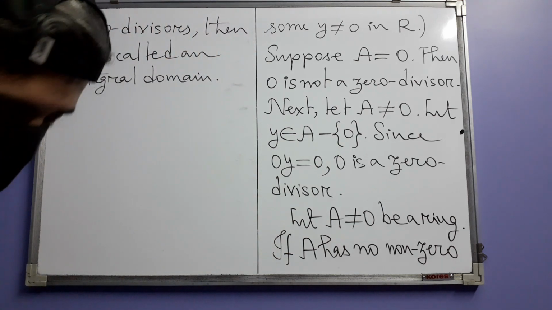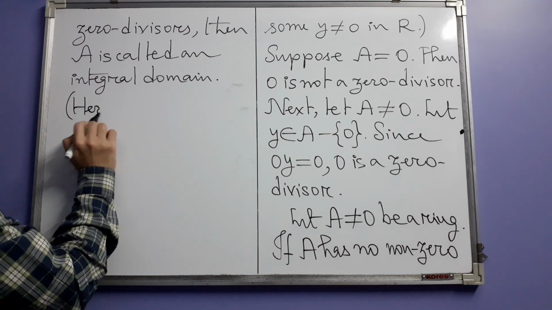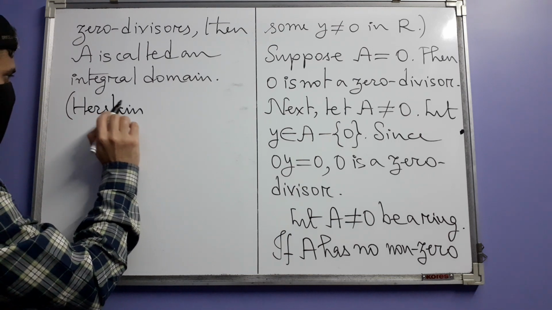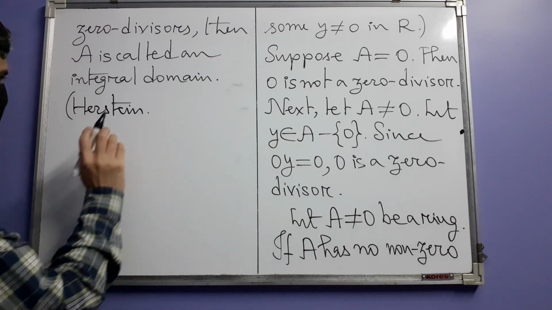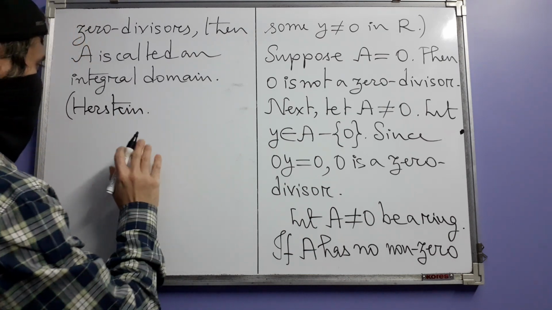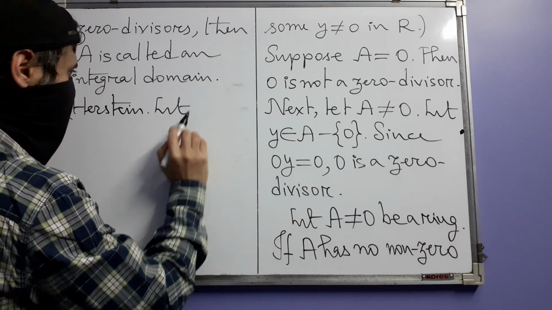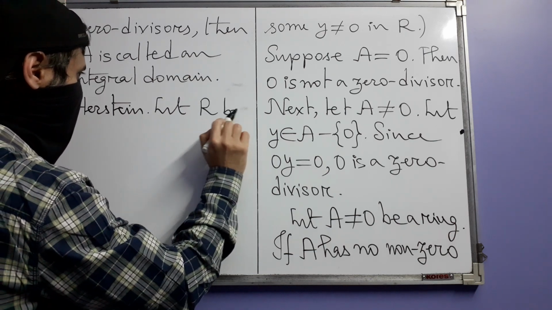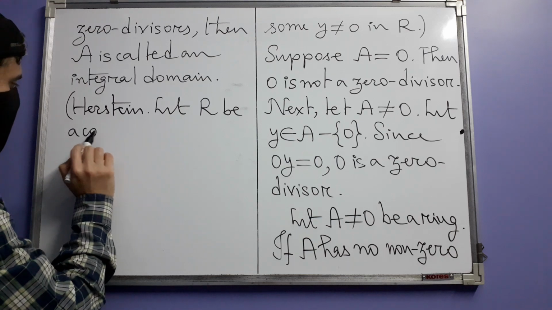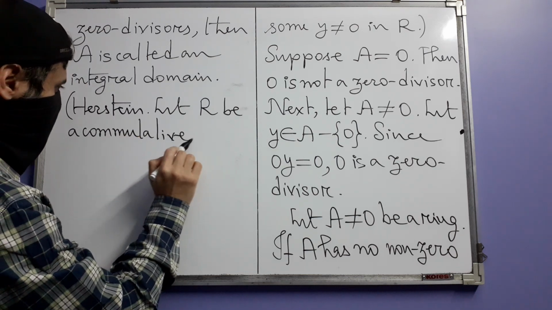However, what does Herstein say? Herstein's case is a little unfortunate. I don't know why he did it, but it is what it is. Let R be a commutative ring.